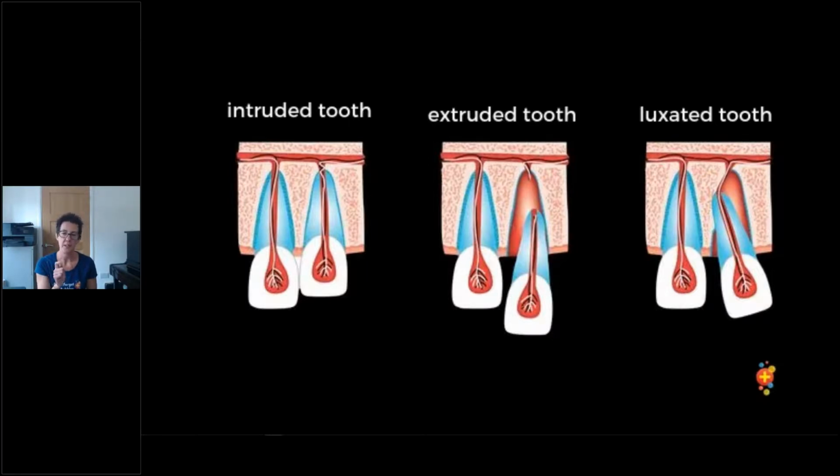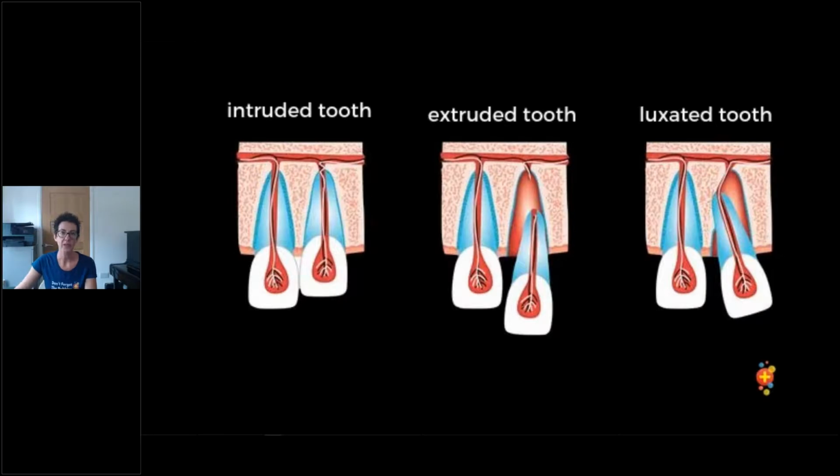And so those are ways that you can tell. So the intruded deciduous teeth are often pushed up into the bone when children fall, often onto coffee tables or over the handlebars of a bike or whatever.